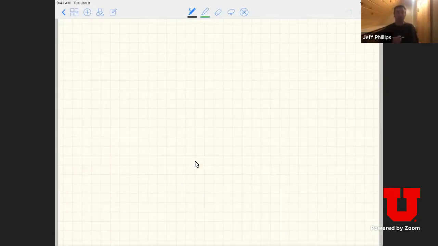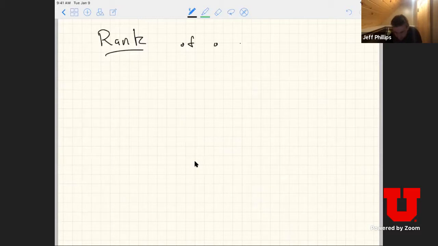So we want to talk about linear algebra today, and we first want to review the concept of rank. The rank of a matrix A, which is an n by d matrix, which can be a square matrix.